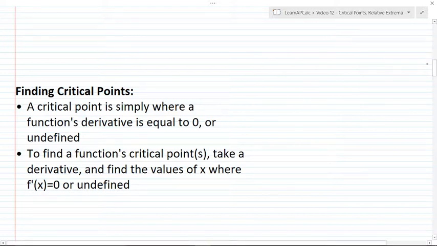Okay, so this video went over critical points, relative extrema, and the first derivative test. So if you're confused as to what a critical point is, we're saying that this is where f prime of x equals 0 or undefined.